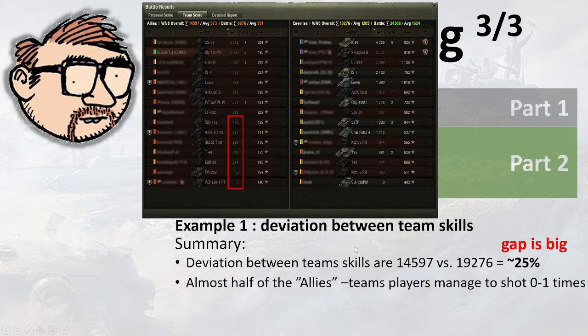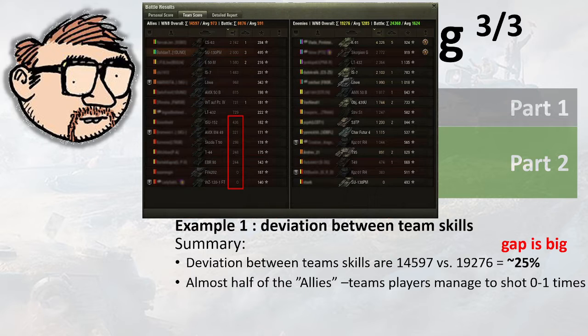Next, we can look at the damage the team has done. This starts to tell more about the skill levels and what is behind them, how the battle went. When I go through my allied team players and what they have done, I can see right away that only about half of my team managed to get one shot, and two of my players managed to get none of those shots.